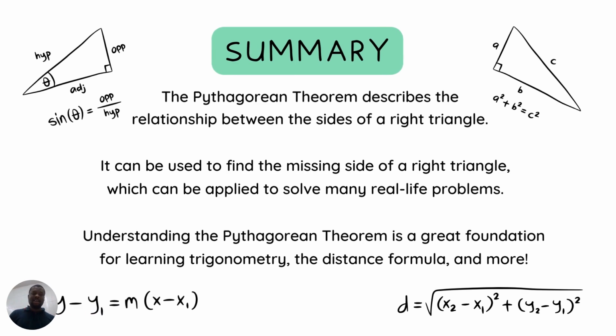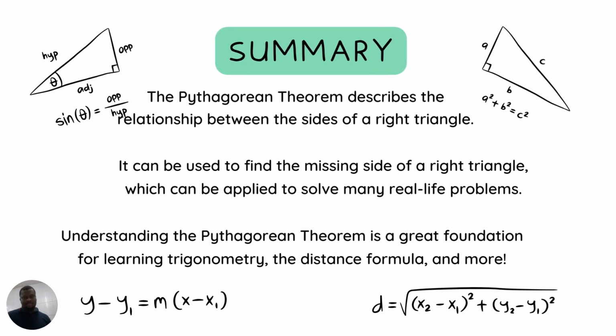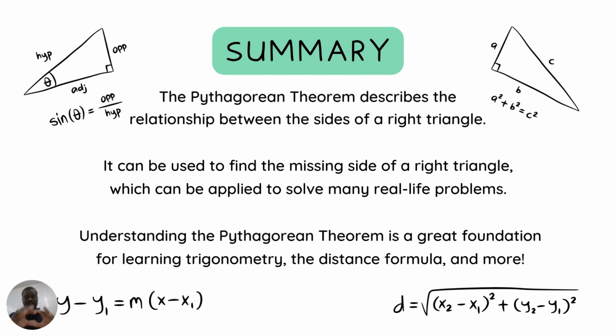Now, in summary, the Pythagorean theorem describes the relationship between the sides of a triangle, the three sides of a triangle, the A, B, C, the two legs, and the hypotenuse. Now you can see we can also have what we call the angle here, from where we can get sine, cosine, and tangent, which is a topic for another day.